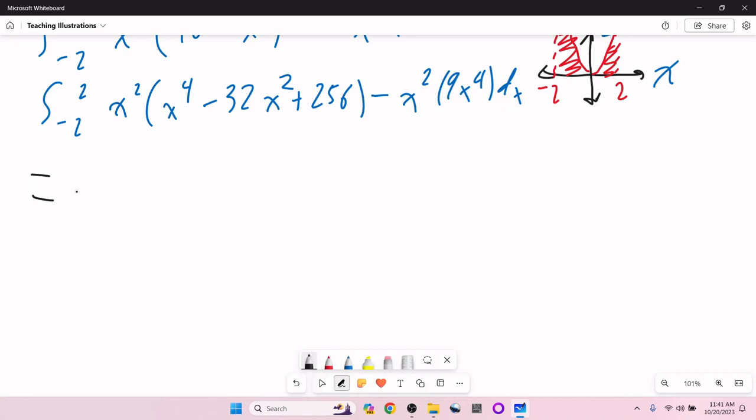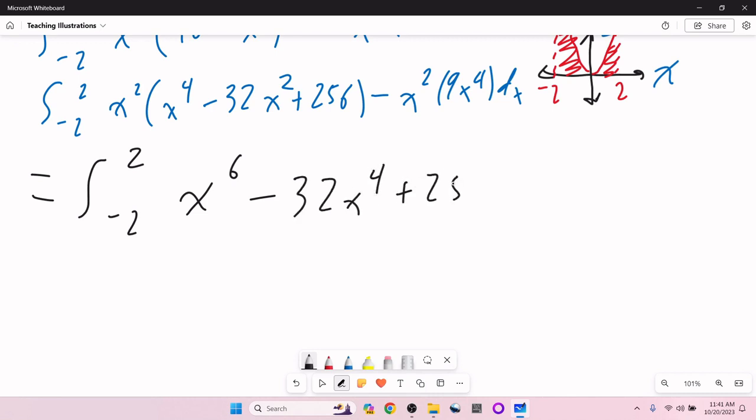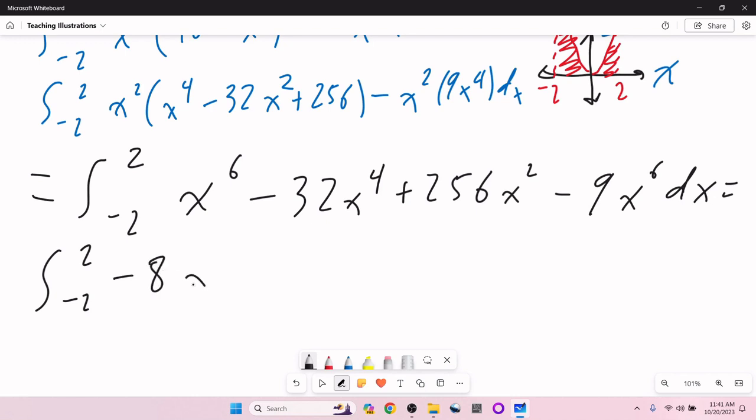So it becomes -2 to 2 of x to the 6th minus 32x to the 4th plus 256x squared minus 9x to the 6th dx, which then becomes, we can combine the like terms, -8x to the 6th minus 32x to the 4th plus 256x squared dx.